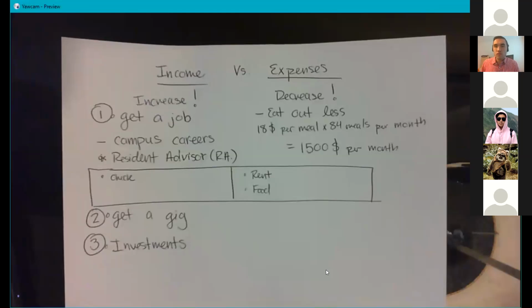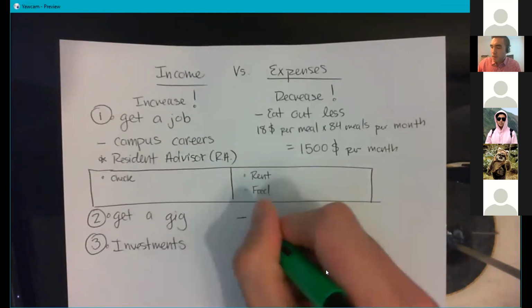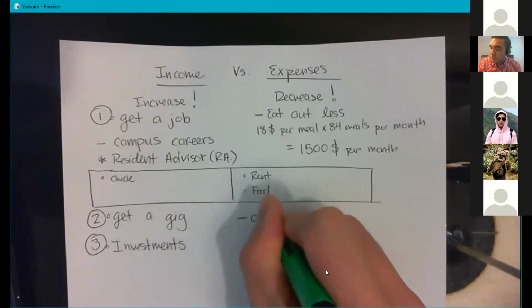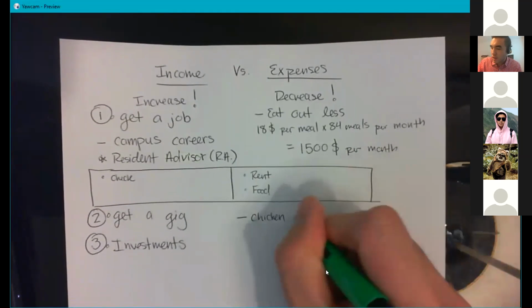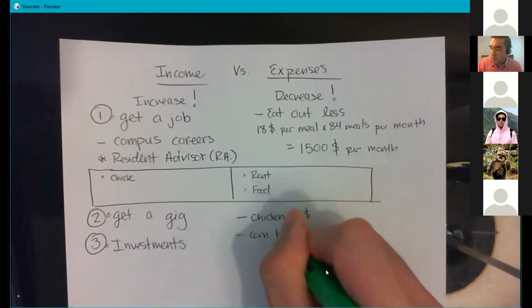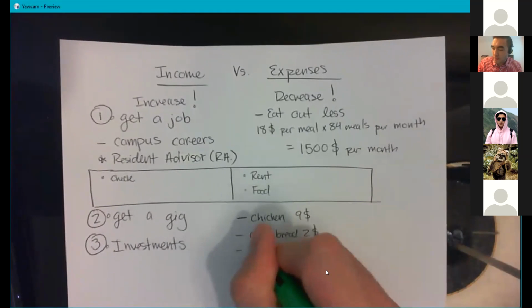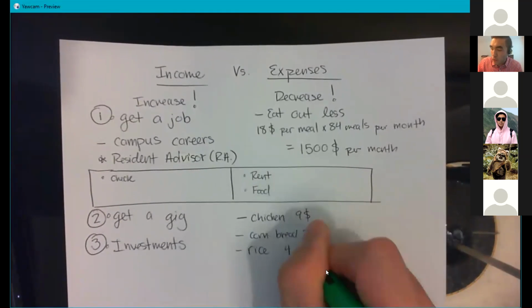So in terms of the cost, right? That bag of chicken is about $9. The cornbread mix is about $2. The bag of rice is about $4.